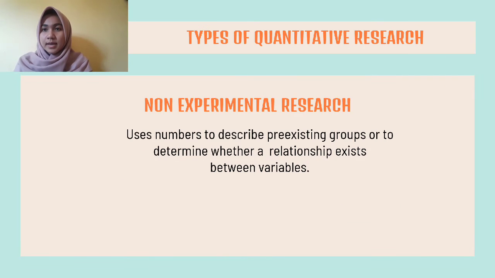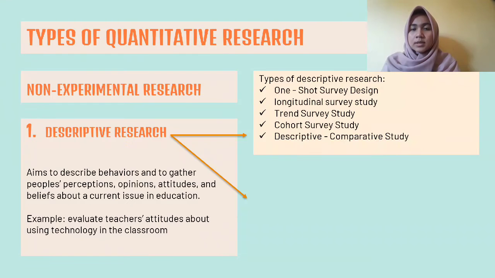The next one is non-experimental research. Non-experimental research uses numbers to describe pre-existing groups or to determine whether a relationship exists between variables. There are some types of non-experimental research. The first one is descriptive research.